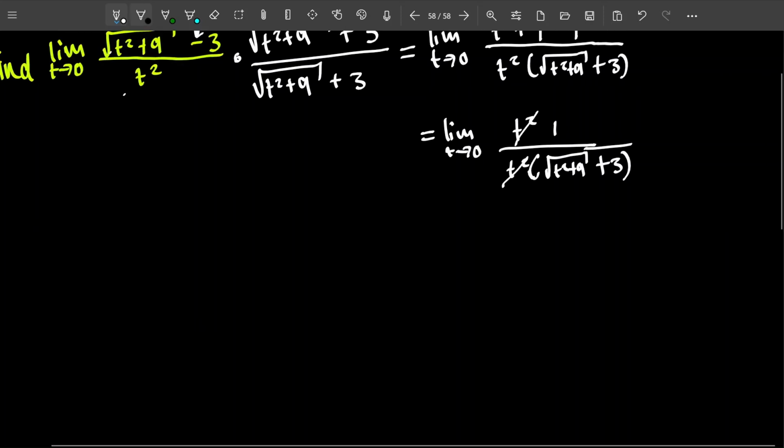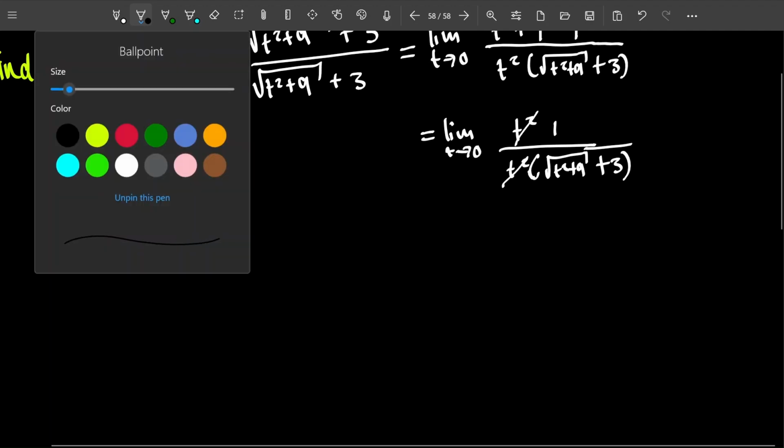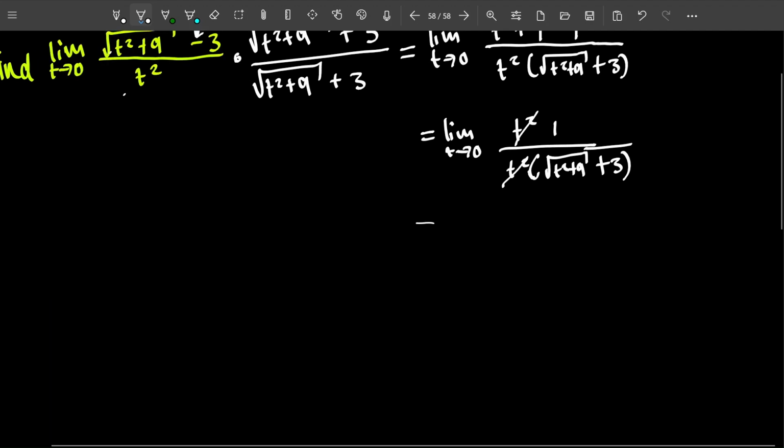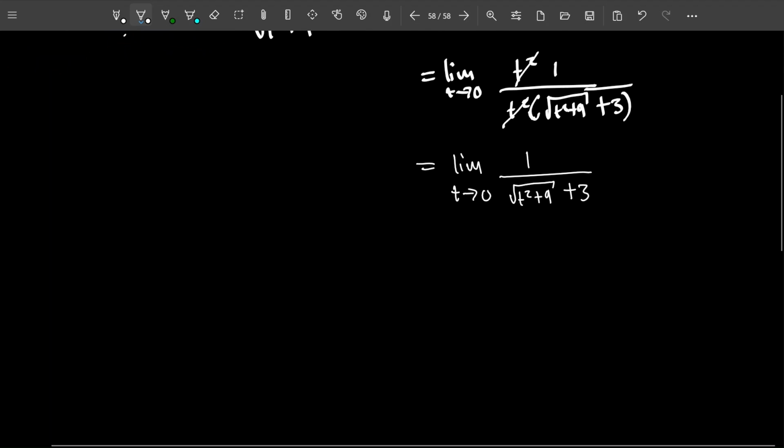So this is equal to the limit as t approaches 0 of 1 over the square root of t squared plus 9, plus 3. Now can I fit 0? If I put 0, 0 squared plus 9 is just 9.